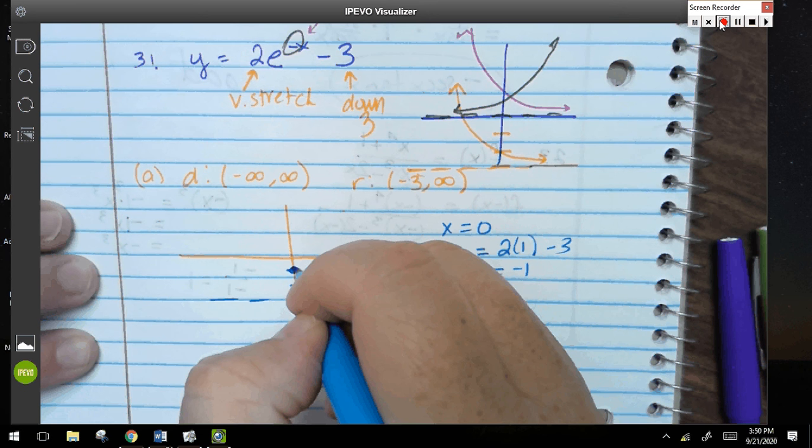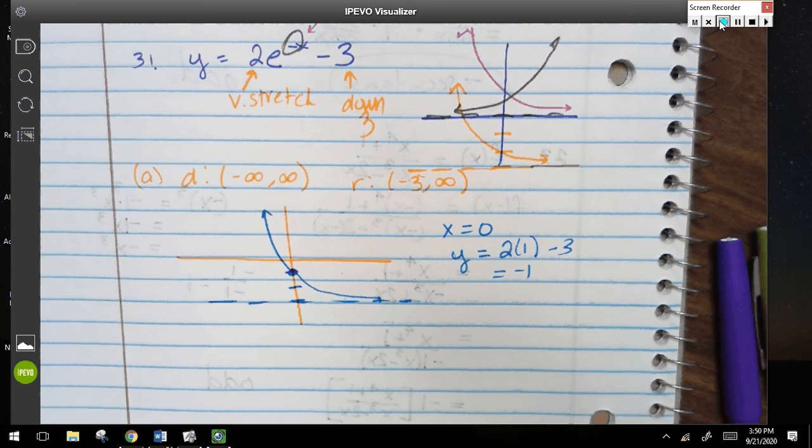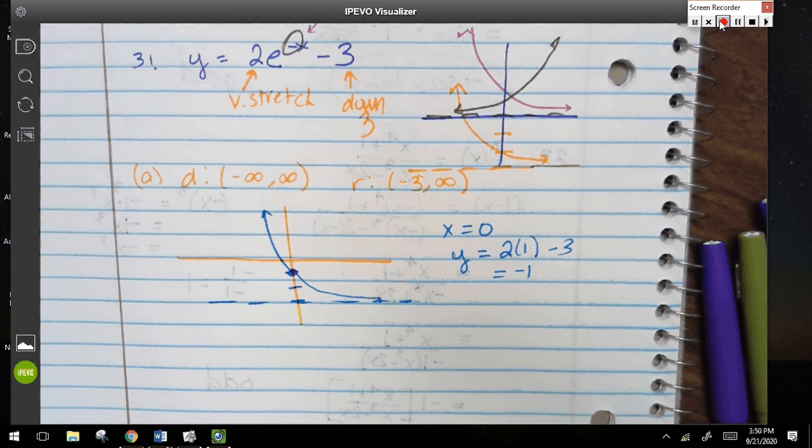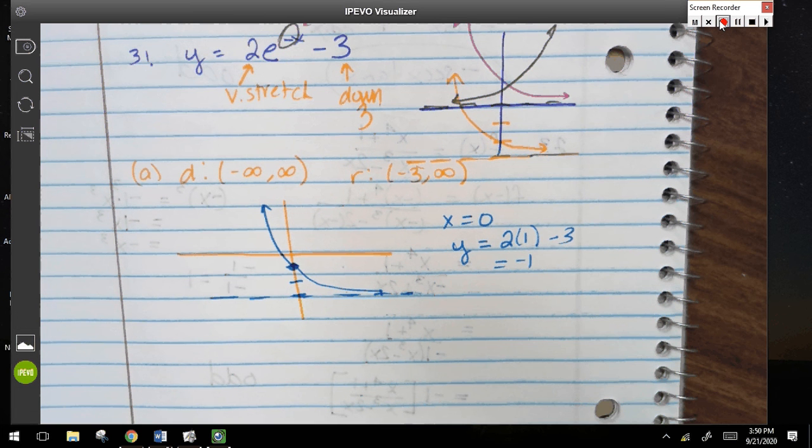So I am going to go ahead and get this in the form that I know I can analyze a little further. Alright, so let's look at what's happening. First of all, let's think about this parent graph of sine.